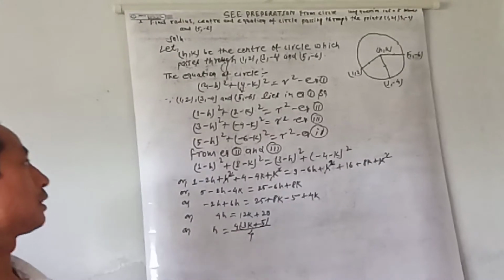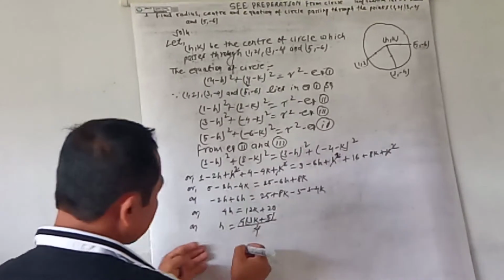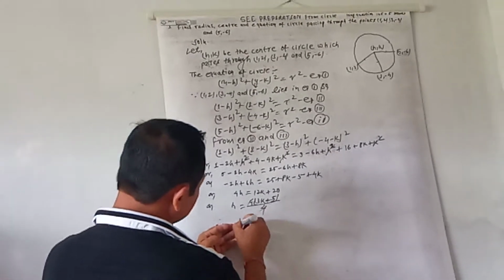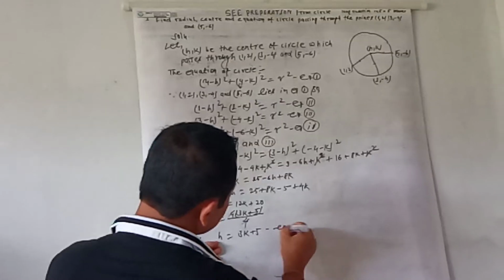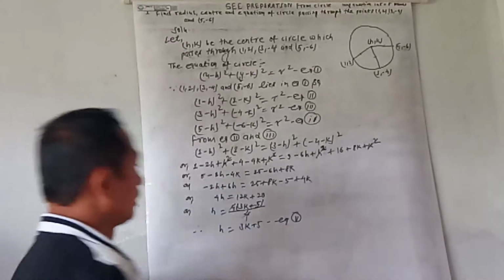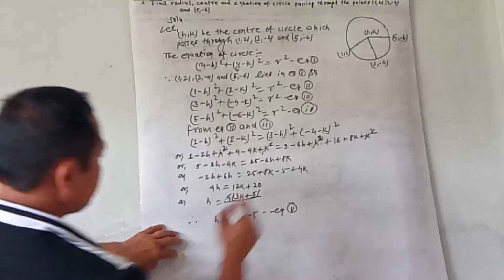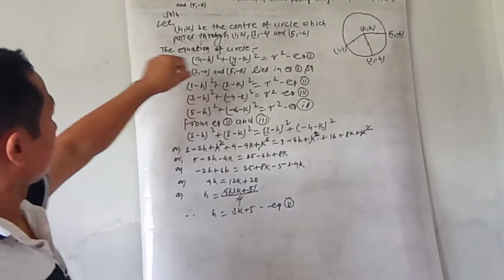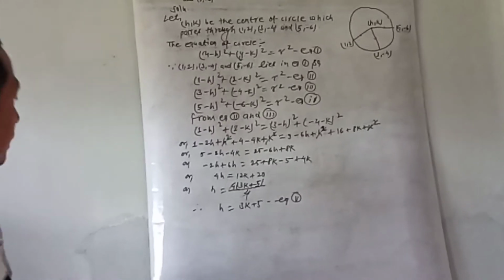That 4 taken to that side, it will be divided by 4, so 4 and 4 cancel. Therefore h is equal to 3k plus 5. This is equation 5, the value of h in the form of k. Again, we have to take equations second and fourth.